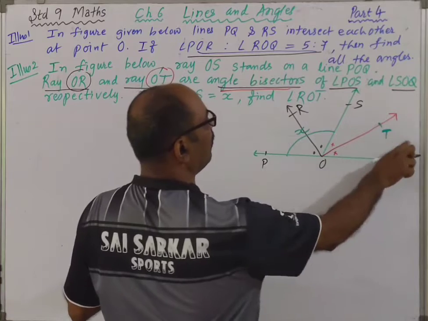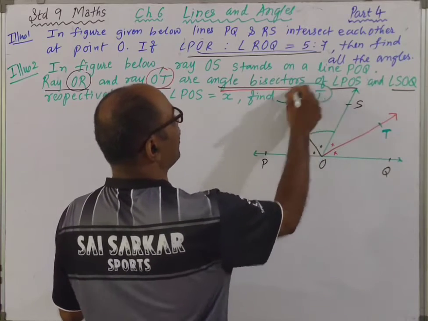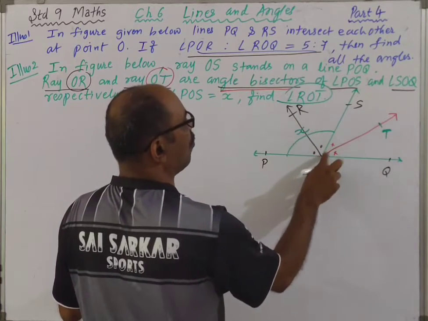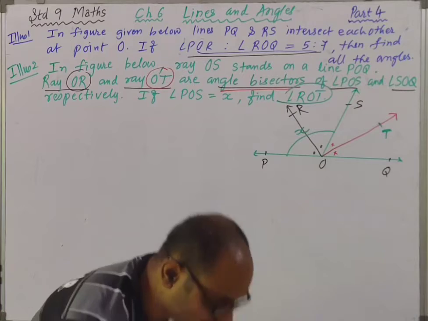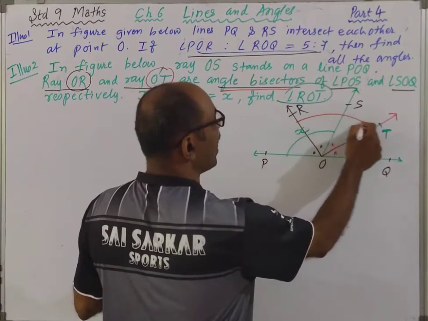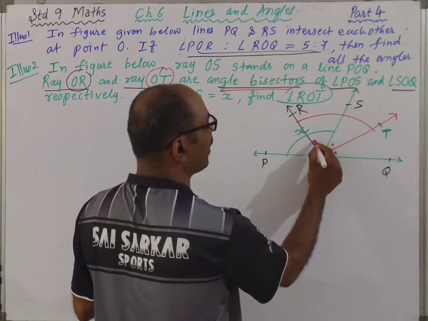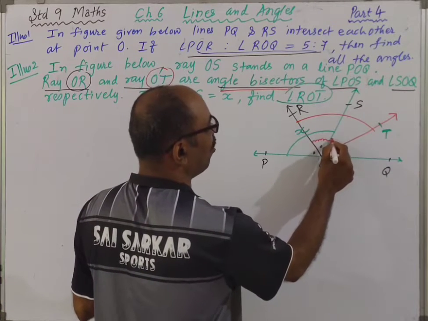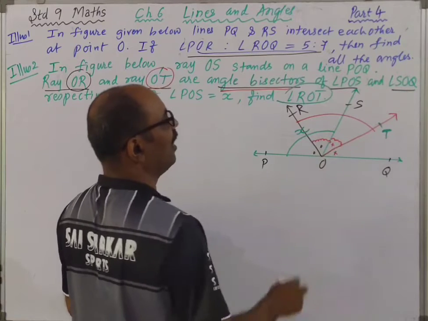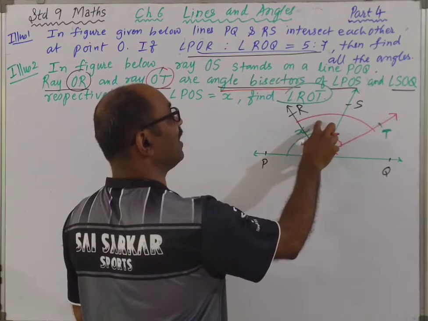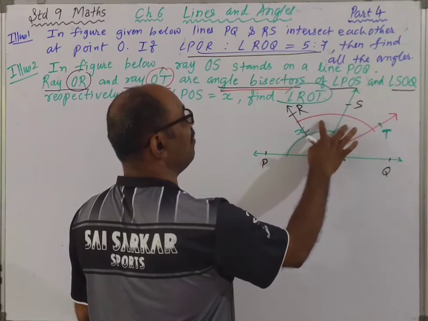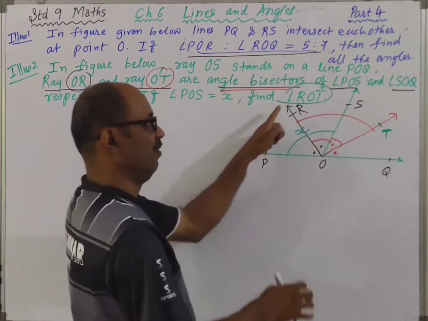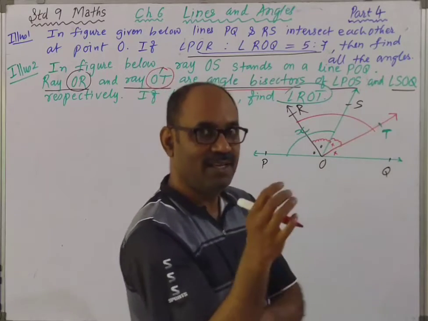Correct? I didn't name it. So find the measure of angle ROT. You have to find the measure of this red angle which has two parts. One is this part and the other is this part. So you will have to find the measure of this angle and then this angle and total it. Then you will get the measure of angle ROT.